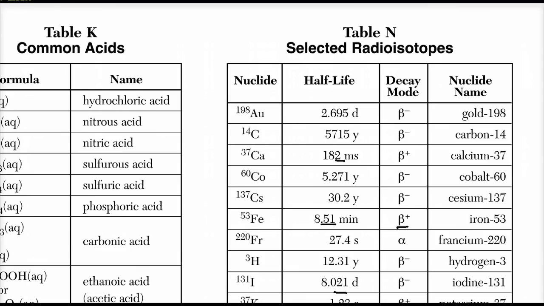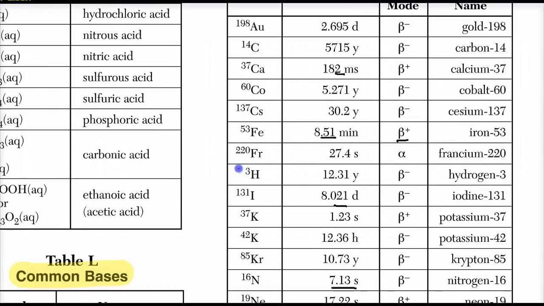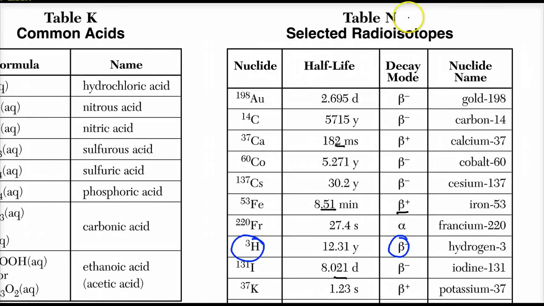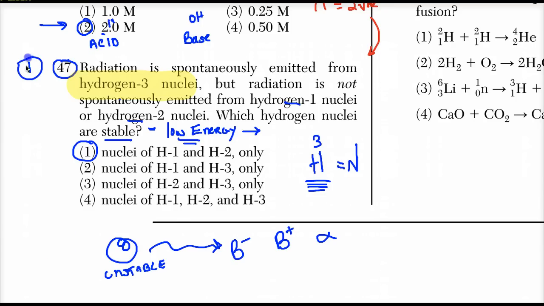So in Table N, we find our H-3, and this is a radioisotope. And there goes beta decay because of too many neutrons. You don't have to know the neutron part, but this is unstable as everything listed in Table N. These are radioisotopes, radioactive isotopes of elements. So 47 is choice 1.